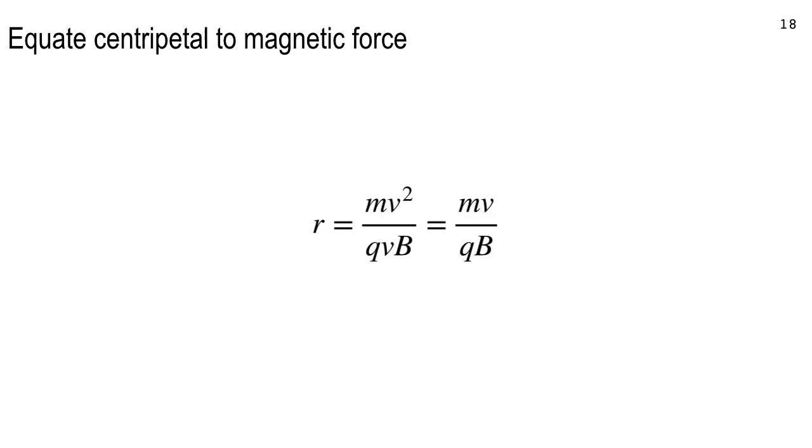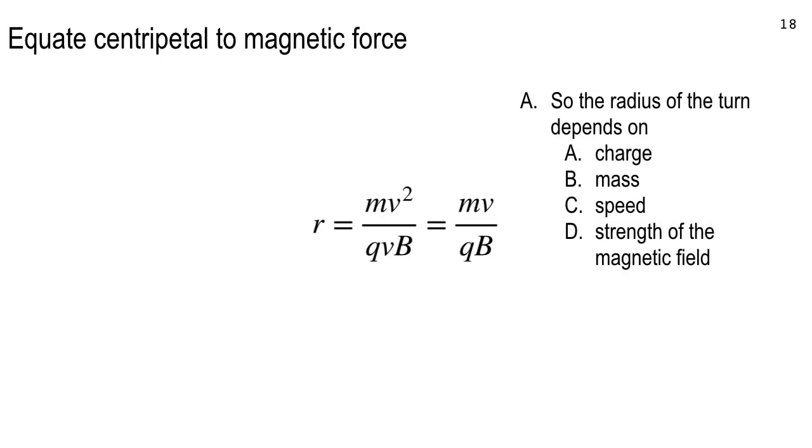The radius of the turn depends on a bunch of things: the mass of the object, its charge, its speed. Or you could say, instead of mass and speed, it's momentum. And it depends on the strength of the magnetic field. All right?